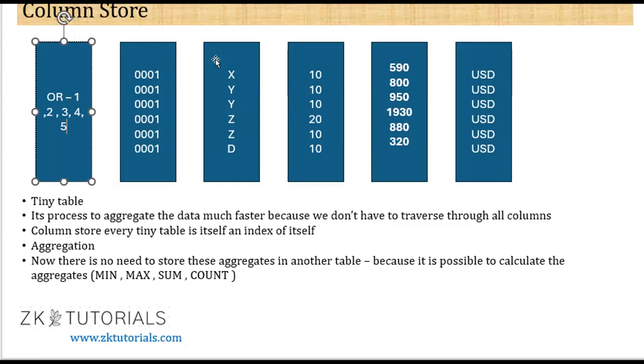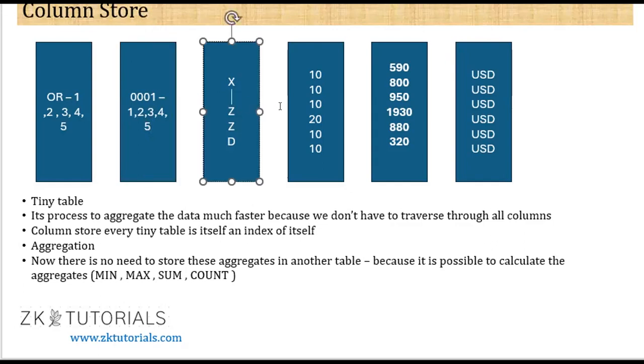So is it clear? For example, to store OR we can do, and 0001 if we have, we can say, hey, at 1, 2, 3, 4, 5. That's it. For example, here I have X, and at Y, how many locations do we have Y? At two locations. So we can say Y is at the 2 and 3 location.